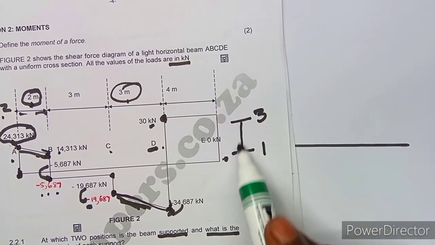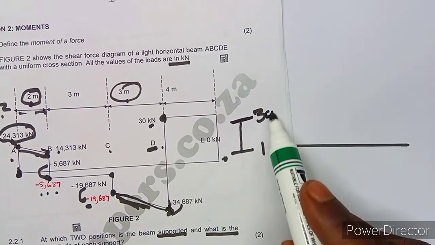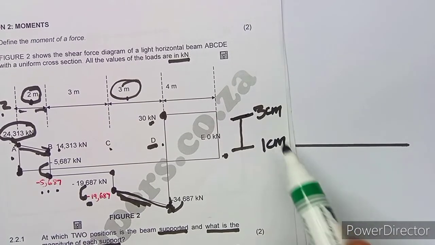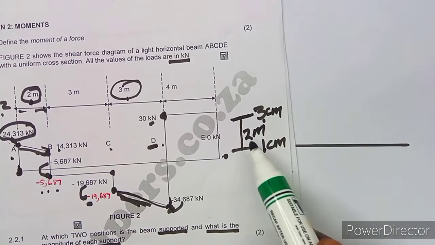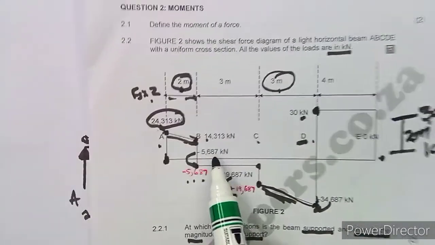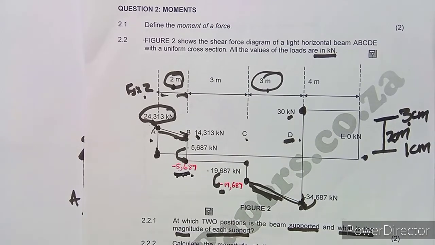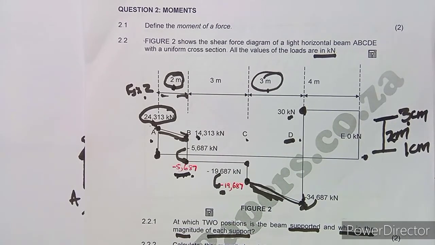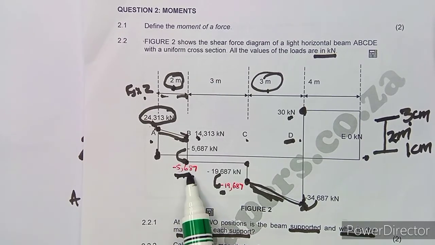How do you find the height of this line? Let's say this is 3 centimeters and 1 centimeter. You subtract 3 minus 1, which is 2 centimeters. The same thing is what you're going to do here. You subtract 14 minus this value, and when you subtract these two, you are going to obtain 20 there.